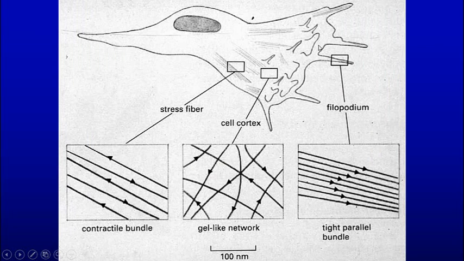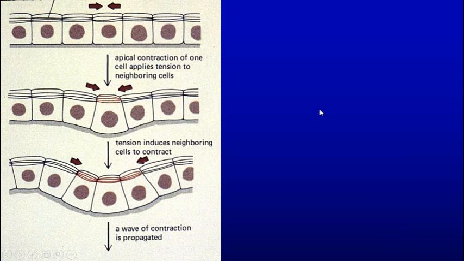So we have the stress fibers, we have the cell cortex, as I mentioned, on the surface, we have the pseudopodia, and the different arrangement of the fibers dictates what type of shape it is, or whether it's a stress fiber to resist things, or whether it's actually pushing the plasma membrane out to make a projection out of a cell so that it can interact with the environment.